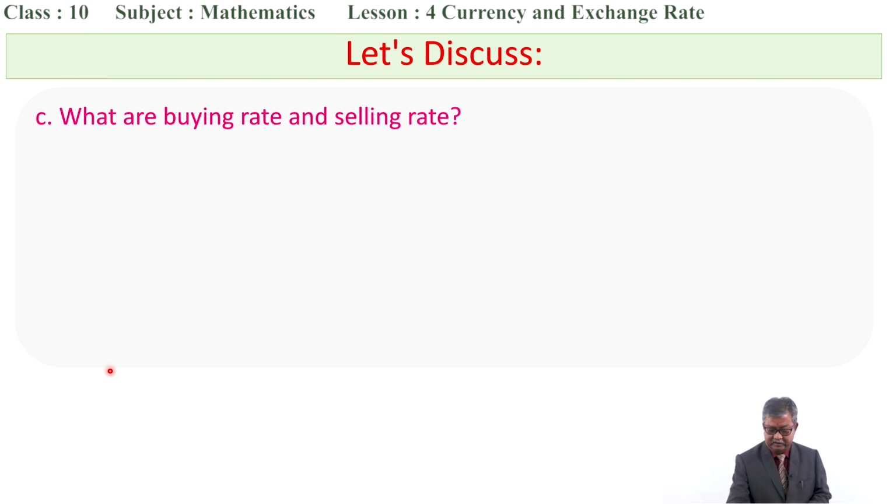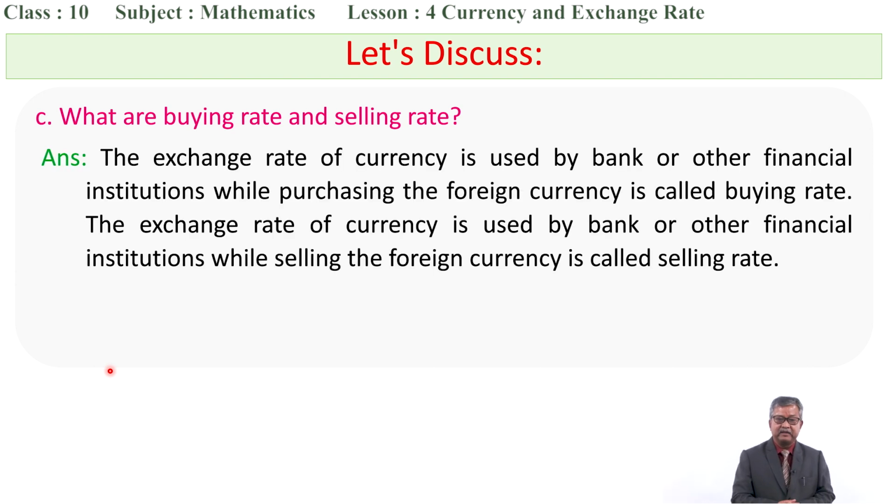Buying rate means what? The exchange rate of currency used by a bank or other financial institutions while purchasing foreign currency is called the buying rate. Suppose one man has gone out of the country and when he returns he has some foreign currency and wants to exchange it. He goes to the bank and gives the bank that foreign currency.